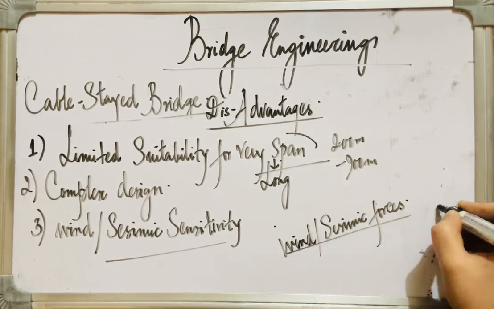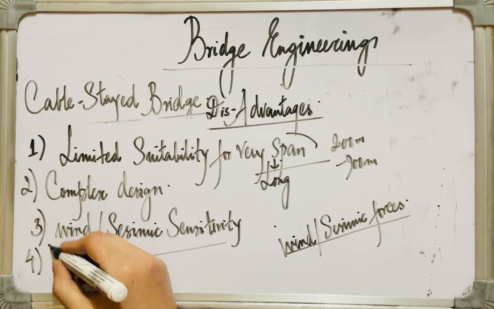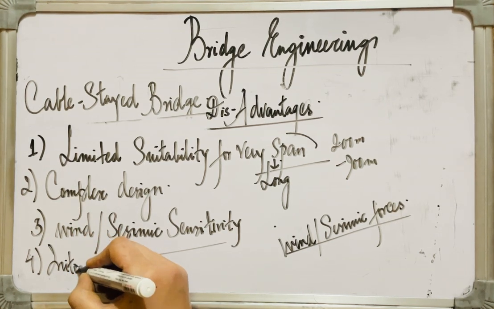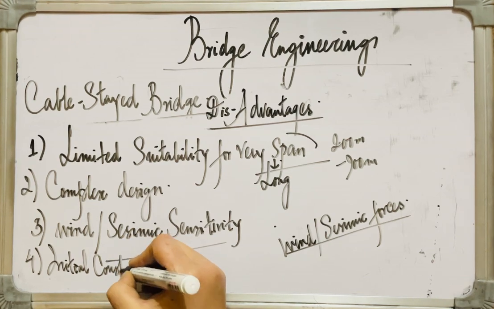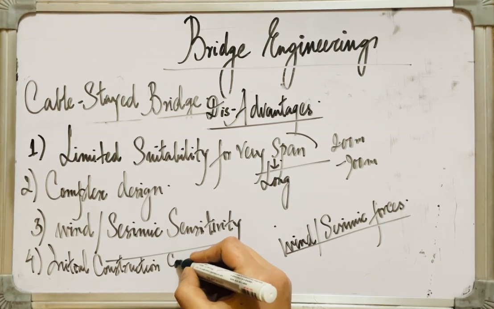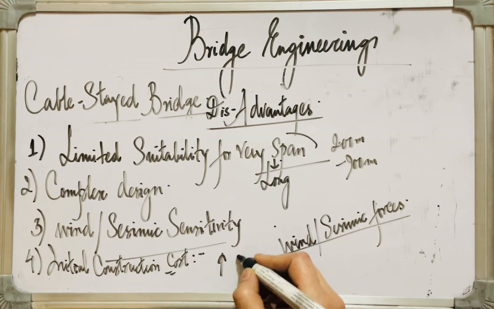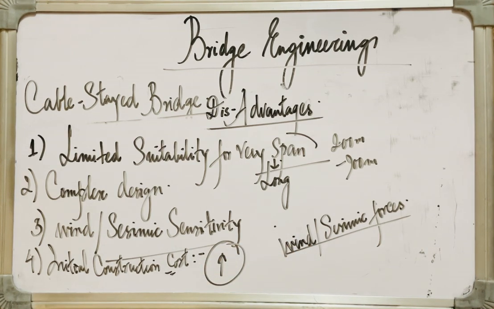All right. Fourth disadvantage is initial construction cost. While they are cheaper to maintain, the initial construction cost can still be quite high. We have learned that they are quite easy to maintain, and maintenance is very less, unlike that of a suspension bridge, which every now and then requires painting and all.